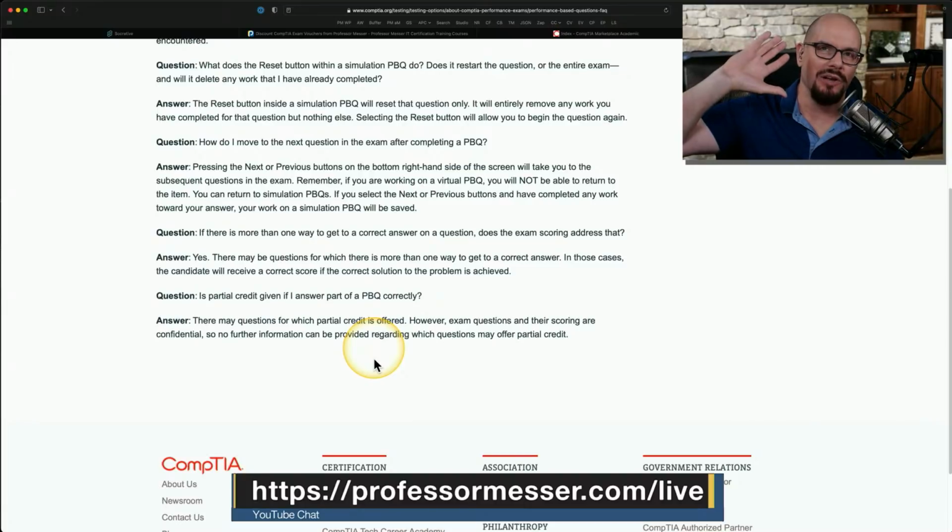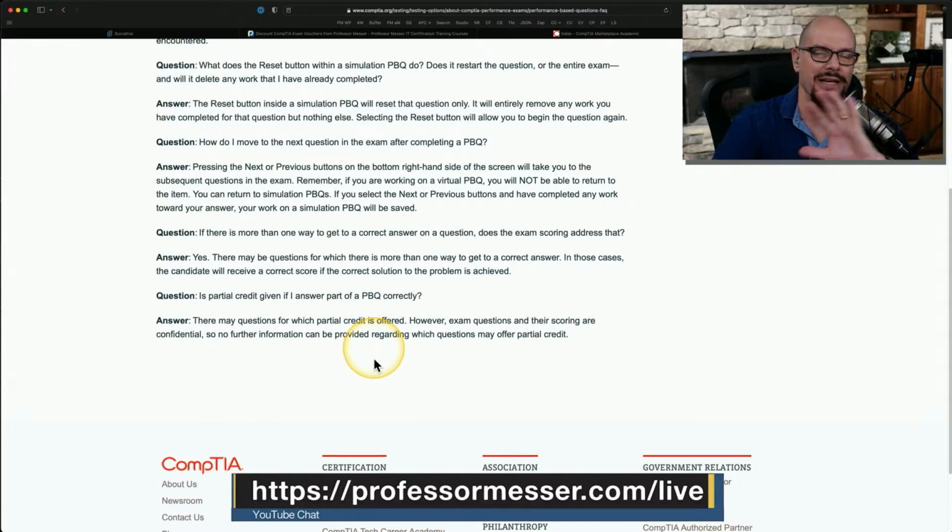Spin your cycles on security policy. Spin your cycles on understanding non-disclosure agreements. Spin your cycles on encryption protocols. Don't worry about the grading. That's not your thing. I think that's the important part of this, is don't worry about how they're going to grade things. It ultimately doesn't matter.